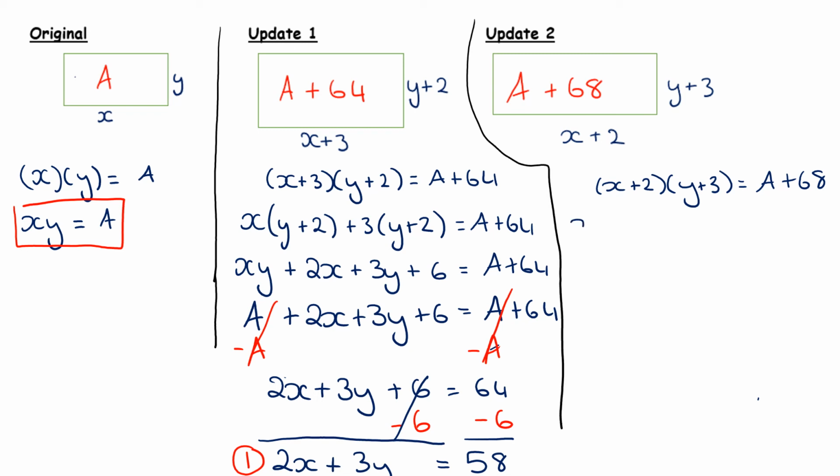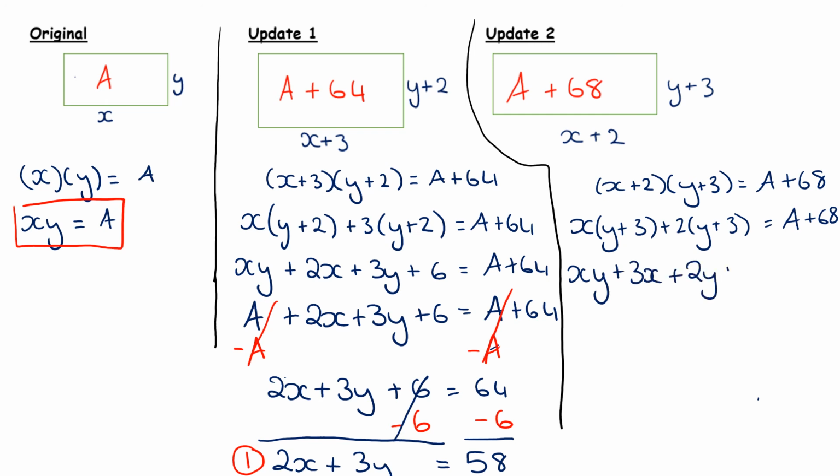So again, we're going to multiply out by splitting the brackets. x times y plus 3 plus 2 times y plus 3 equals A plus 68. xy plus 3x plus 2y plus 6 equals A plus 68. I am replacing xy with an A, so A plus 3x plus 2y plus 6 equals A plus 68.